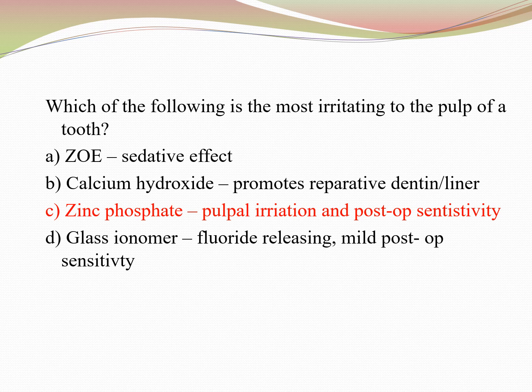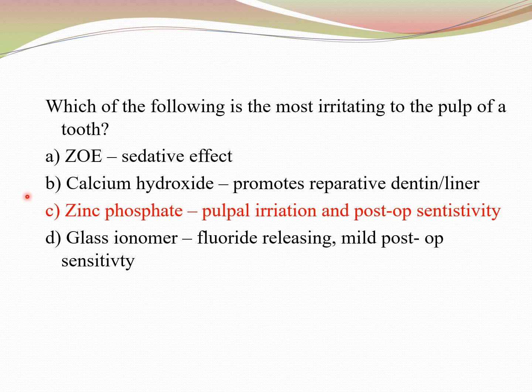It is the zinc phosphate. We're not going to use that one for a base or a liner because it has a lot of post-op sensitivity and a lot of pulpal irritation. It is probably a cement that is not used very much anymore. It's more just a cement. The zinc oxide eugenol we can use as a temporary cement or a provisional restoration. It has that sedative effect.